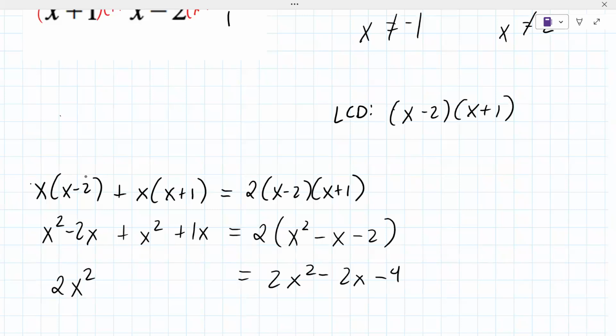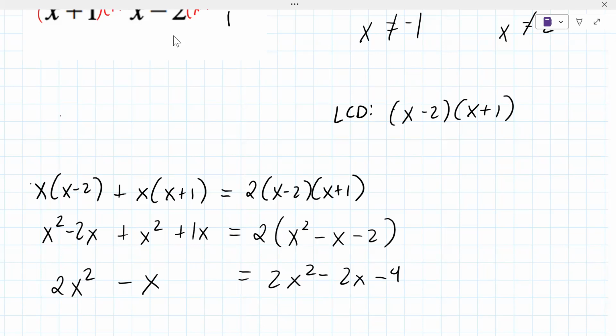So you get x squared plus 2x equals 2x squared minus 2x minus 4. Please double check that.